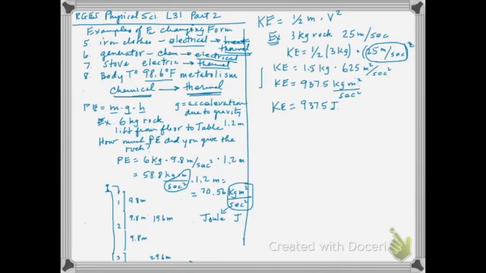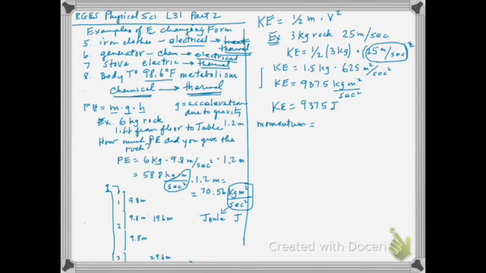Now last week we also talked about momentum. And we said that an object that's speeding down the road has a momentum, like a big truck has more momentum than a small car.